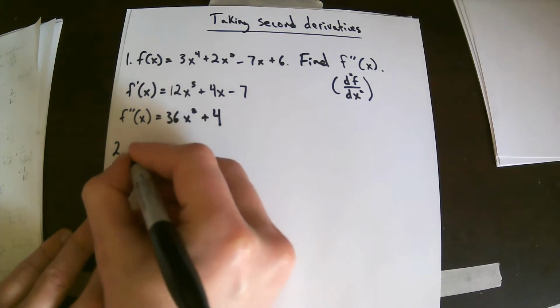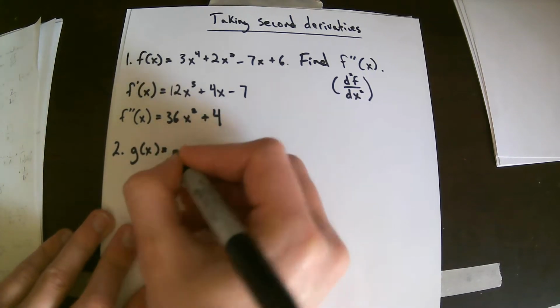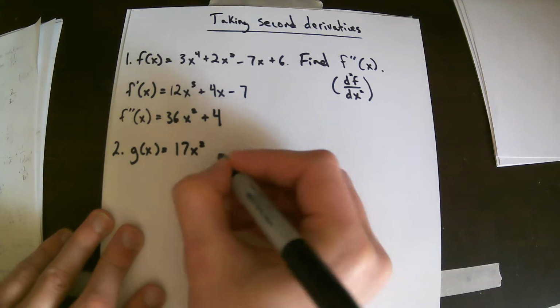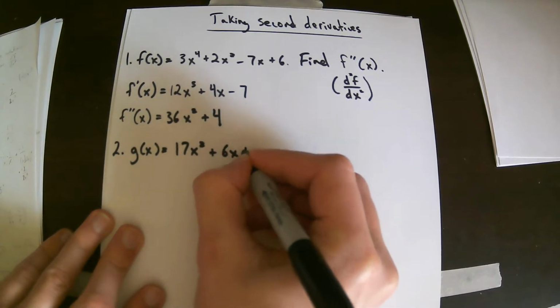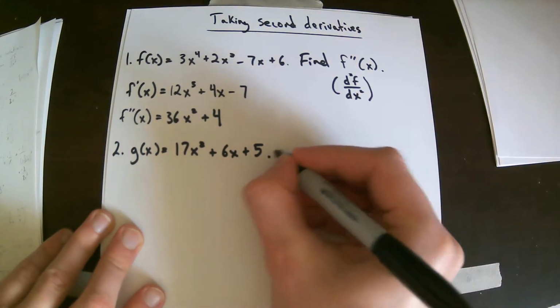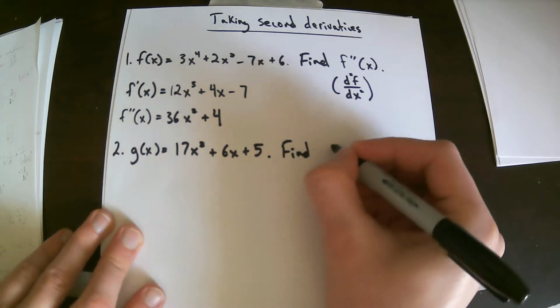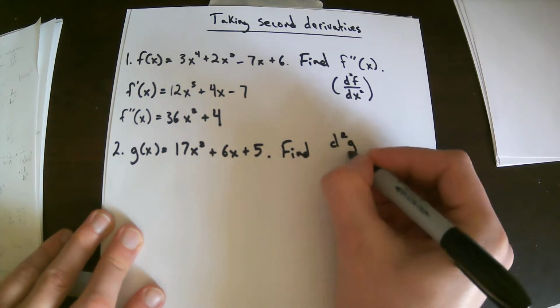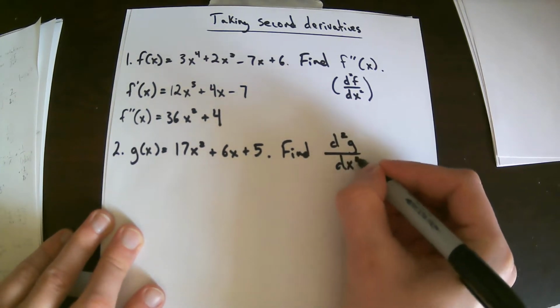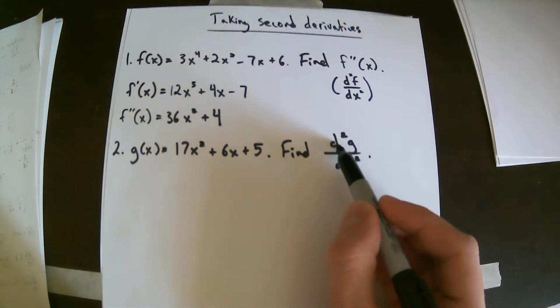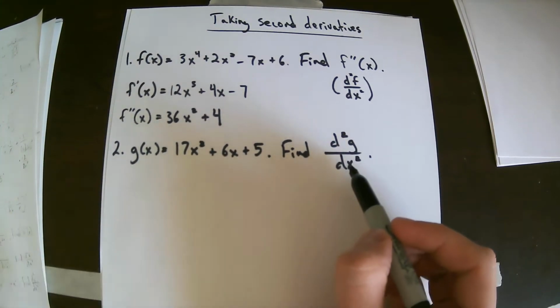Let's say g of x is equal to another polynomial. We want to find, and I'll use this notation this time, the second derivative of g with respect to x.